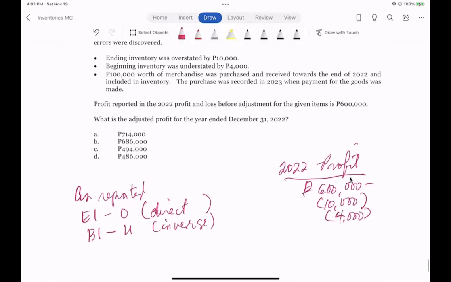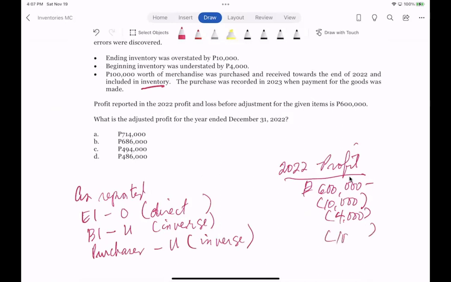Then 100,000 worth of merchandise was purchased and received towards the end of 2022 and included in inventory. So that means it was received during the period. The purchase was recorded in 2023 when payment for the goods was made. Therefore, purchases for 2022 were understated. And because purchase is an expense, if it is understated, your profit will be overstated.